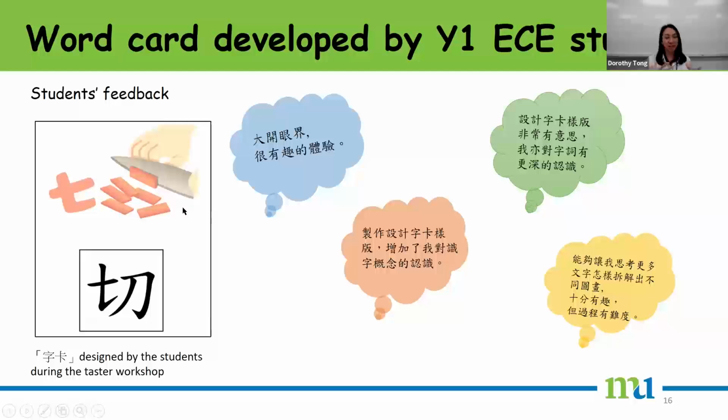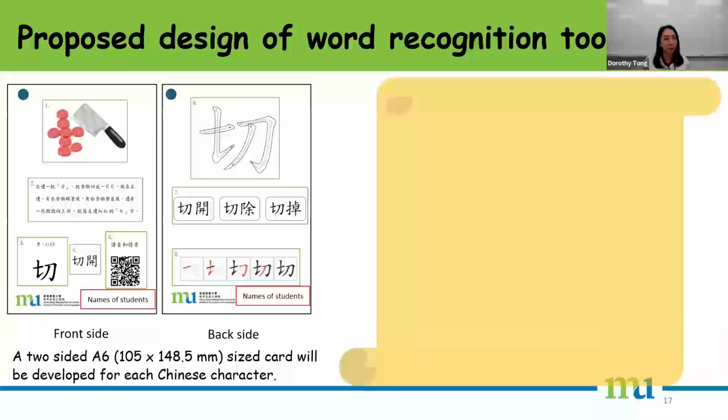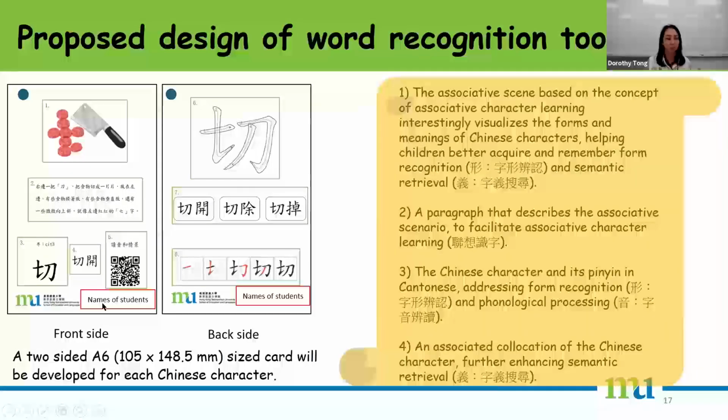Because they are interested, and they think that it's meaningful, we tried to start this project. Okay, and in my proposal, this was the design for that project. There were a total of 8 elements in the word recognition tool.